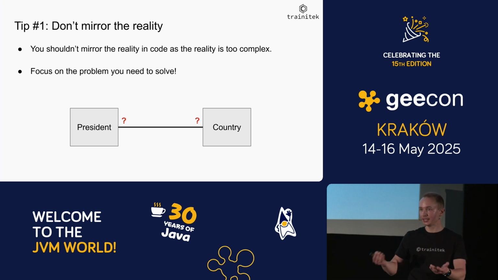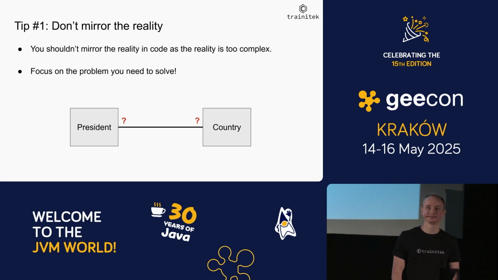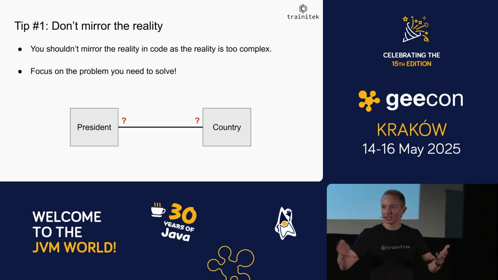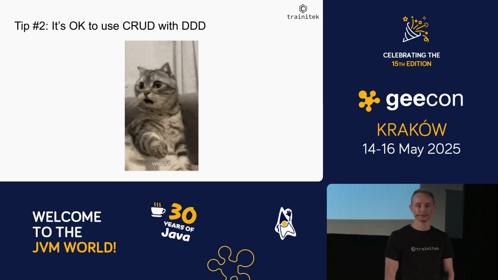So maybe in your case, it will be just a one-to-one relationship. And maybe in your context, it will be a specific country, so you won't need a country at all. You will just need a president. So focus on the problem rather than on reality in general. All right, so you shouldn't mirror reality. This is an important thing to remember.